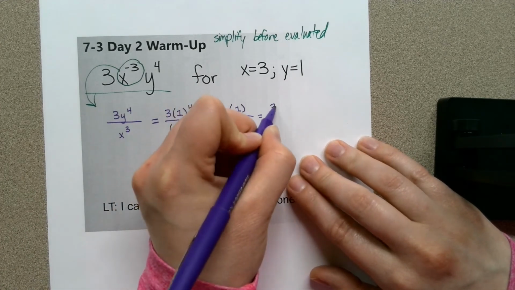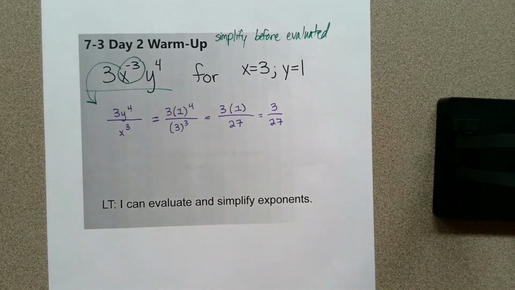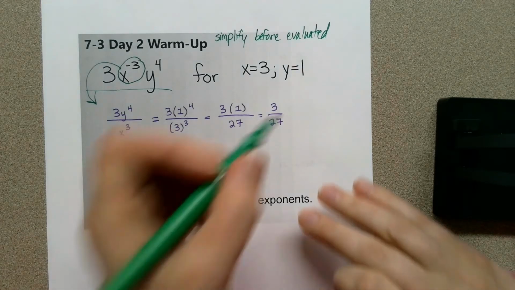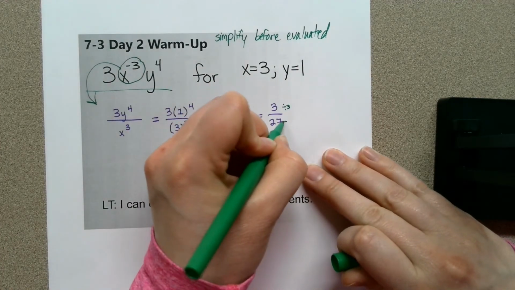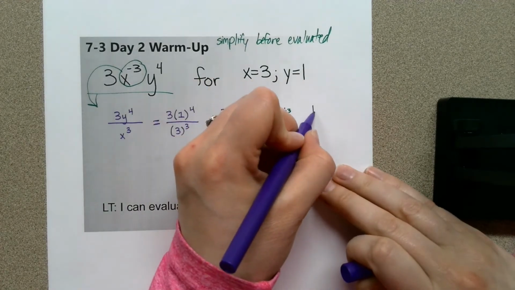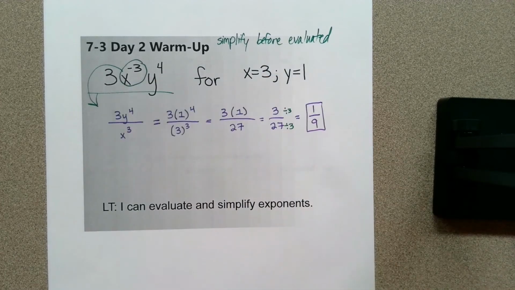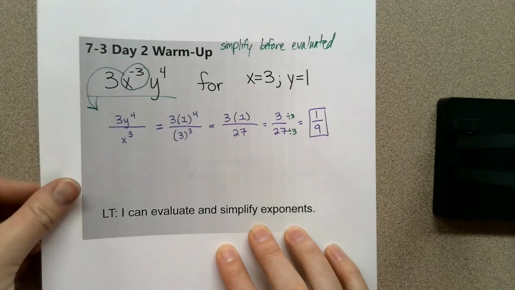Then from there we just have 3, because 3 times 1 is 3, over 27. And then we can simplify that fraction because they are both divisible by 3, giving us 1/9 as our final answer. That's just, again, simplifying and evaluating with those exponents.